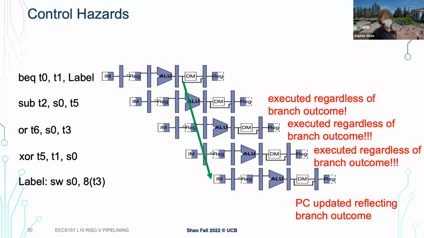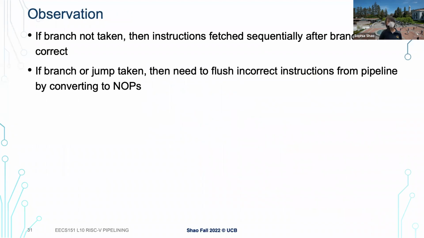We have to make some guess, and we may guess wrong. If the branch is not taken, we're doing the right thing: we fetch instructions continuously, and those are the correct instructions. But if the branch is taken, we need to flush all those incorrect executions because they are not useful.